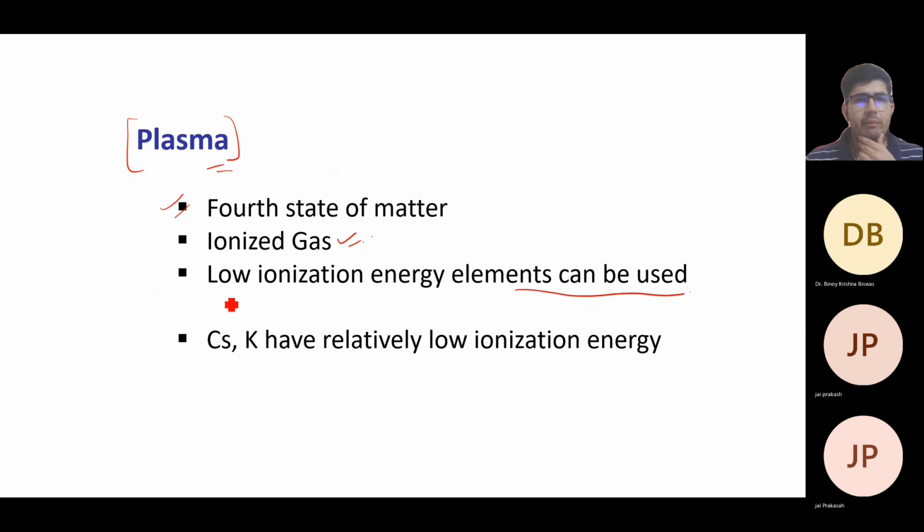To generate the plasma, we use low ionization energy elements so that they can become ionized with low energy as compared to the higher ionization energy elements. Cesium and potassium have relatively low ionization energy, so we are using cesium and potassium for this MHD.